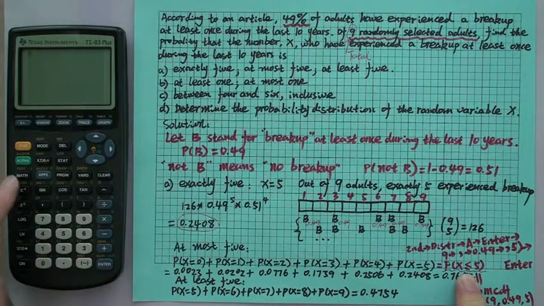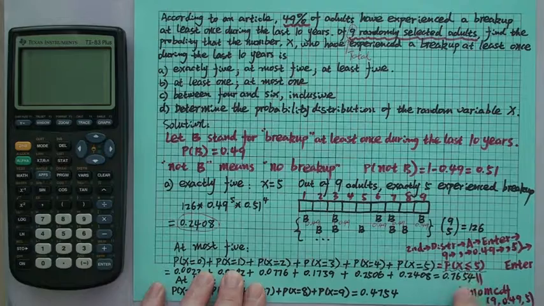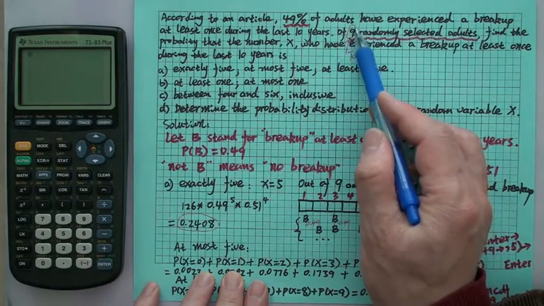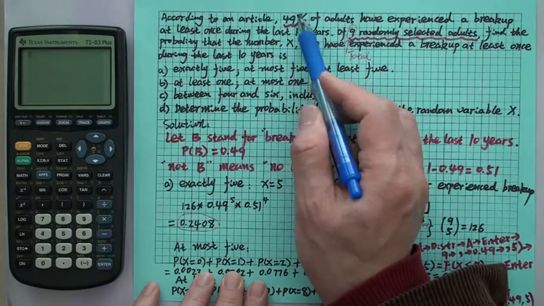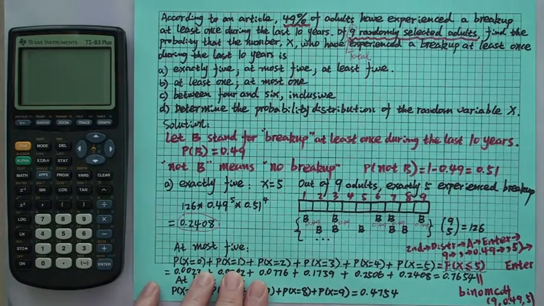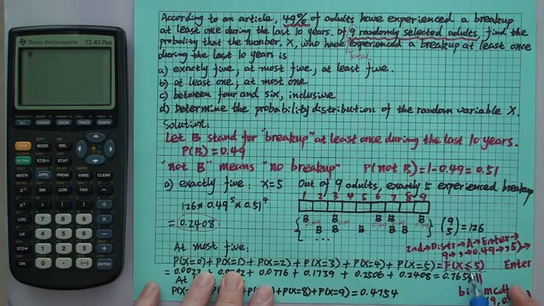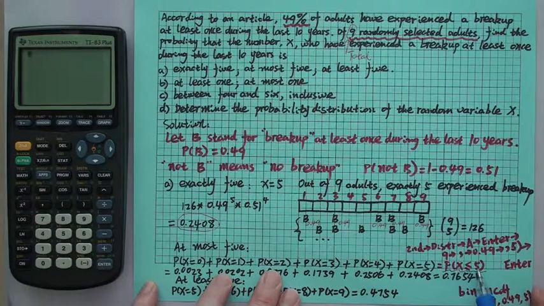For x less than or equal to 5, in binomial, we know we have a total of 9 people and we have this probability for breakup, and we want the probability for x equals 0, 1, 2, until 5.